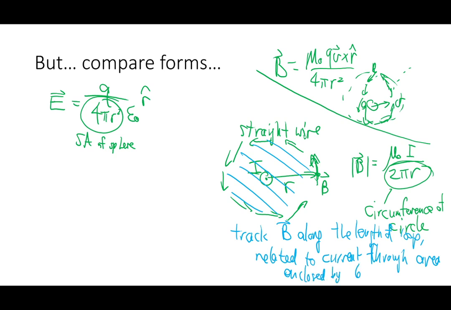Right, and this is supposed to be pretty similar in concept anyway with Gauss's law, right? With Gauss's law, we would track the E through a closed surface, right? That's a flux.